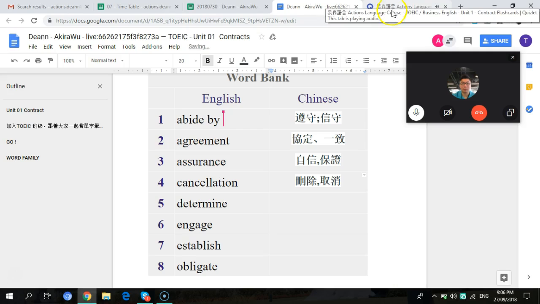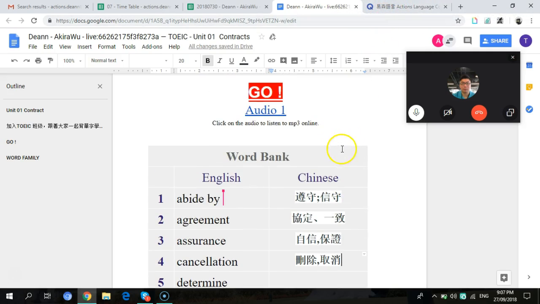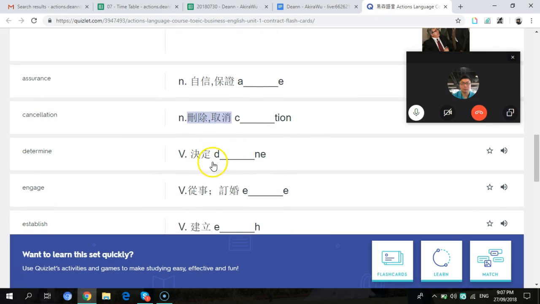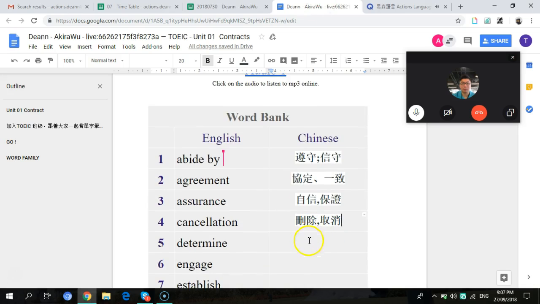Since you were not able to open the flashcard, right? Yes. Okay, I will just put the next.